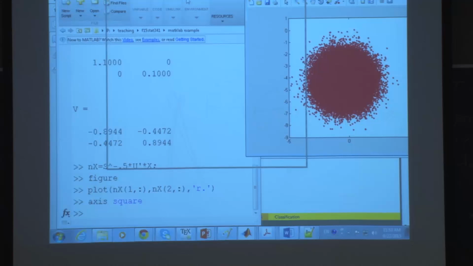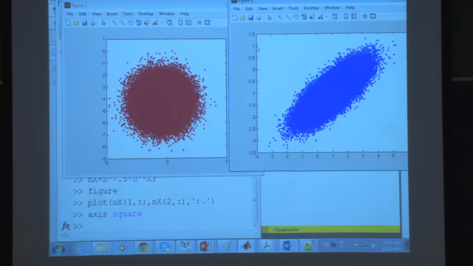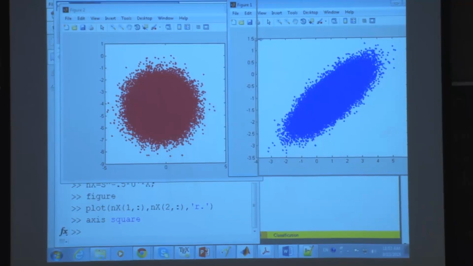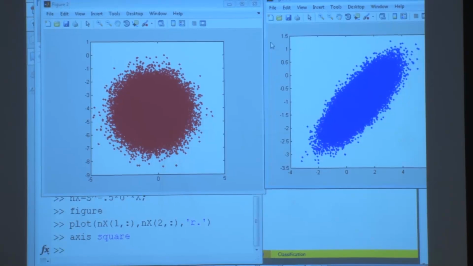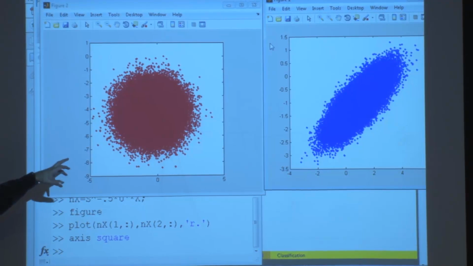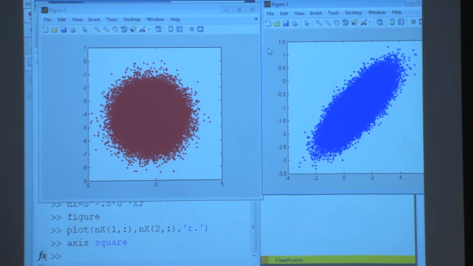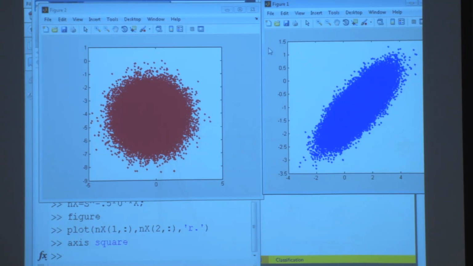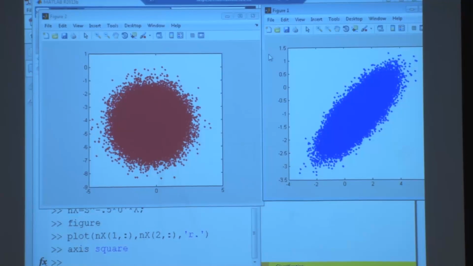See, on the left was my data points. I applied this transformation, and now the covariance matrix is spherical. Okay. So you can do this for any data, make it spherical, and then you're in case one. Any question?